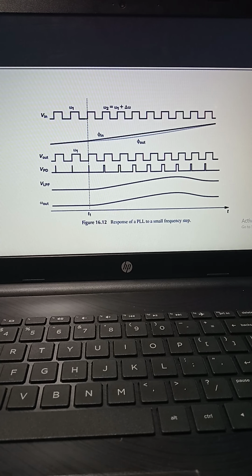Let us now examine the response of PLL to a small input frequency step delta omega at t equal to t1, as shown in the figure. As with the case of the phase step, the voltage control oscillator continues to oscillate at omega 1 immediately after t1.